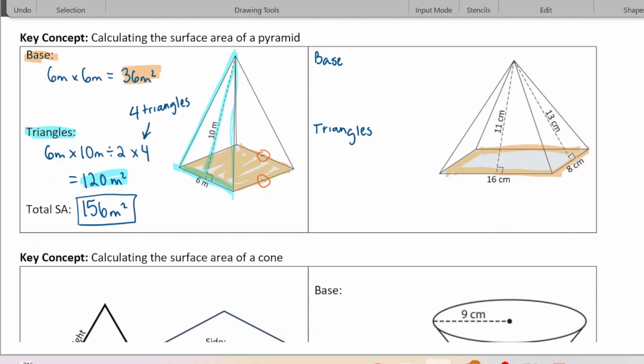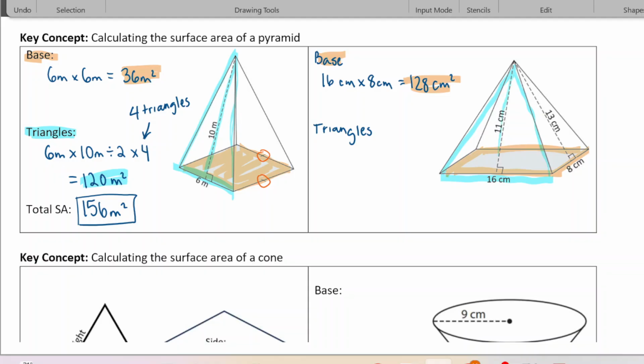So I'm going to do that first. 16 meters by 8 meters. Oh, sorry, this time it's centimeters. I should use the right units. 16 centimeters times 8 centimeters, which is 128 centimeters squared. That's my base. And then I have 4 triangles again around the outside, except they're different sizes.